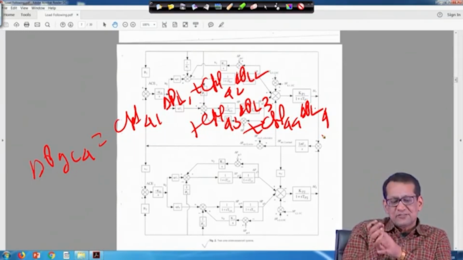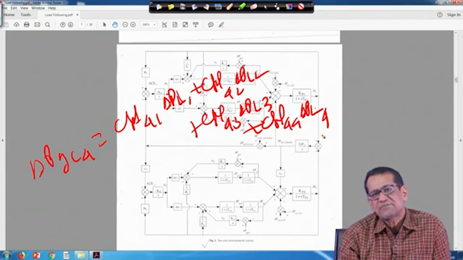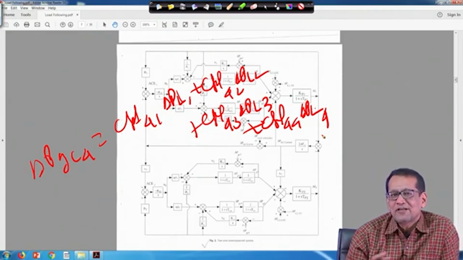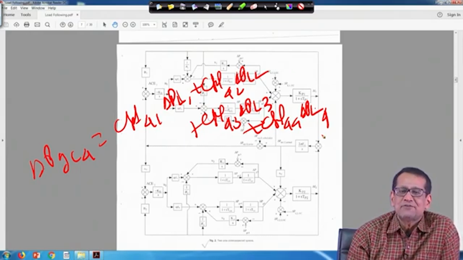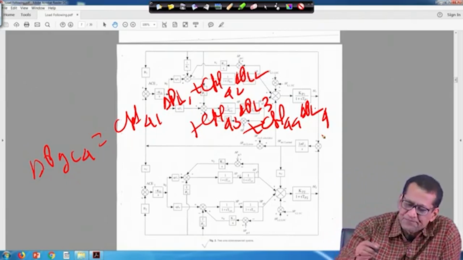So, each generating unit has to generate that much power: delta PGC1, delta PGC2, delta PGC3 and delta PGC4 for unit 1, unit 2 in area 1 and unit 3 and unit 4 in area 2 respectively, right.